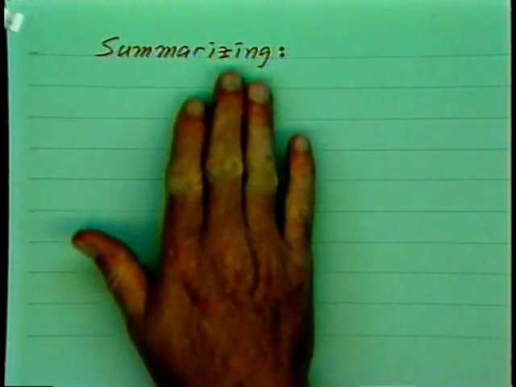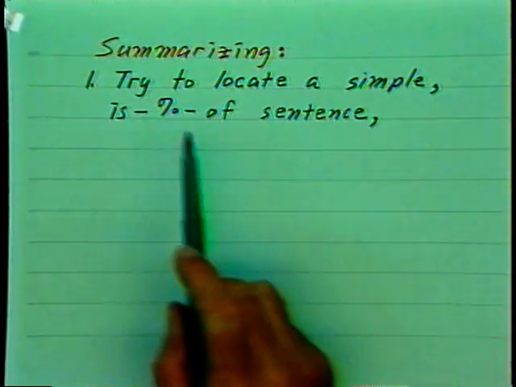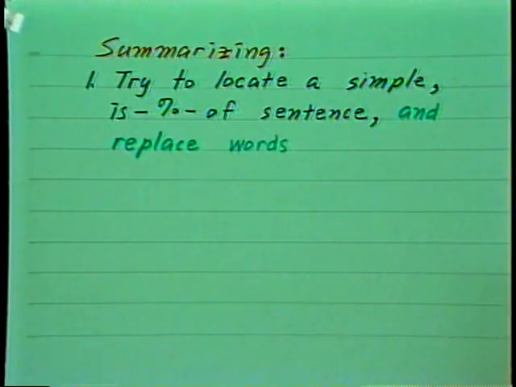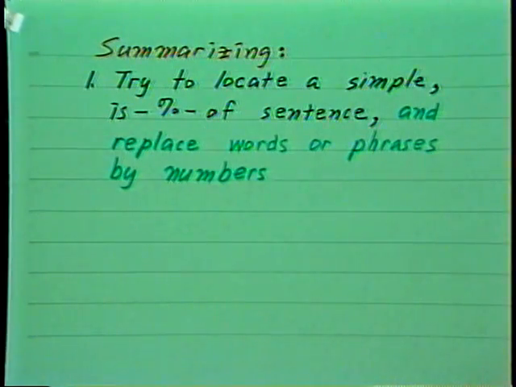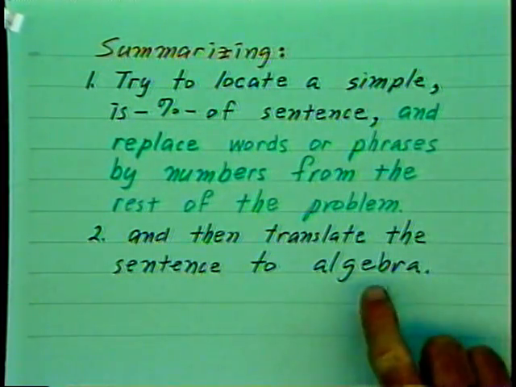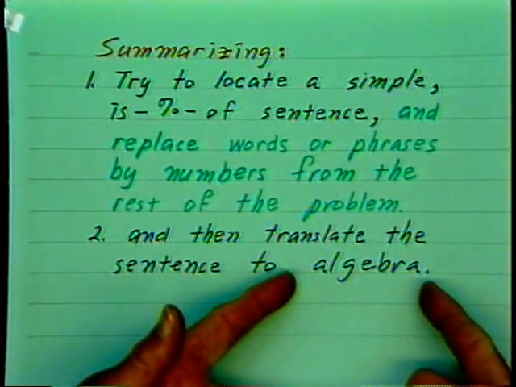Now, summarizing what we've just been doing, when you see a complicated or a series of sentences explaining your problem, the first thing you try to do, try to locate a simple is of percent sentence and replace words or phrases by numbers from the rest of the problem. And then, of course, translate them into algebra, where it will usually be a simple algebraic sentence or a proportion.